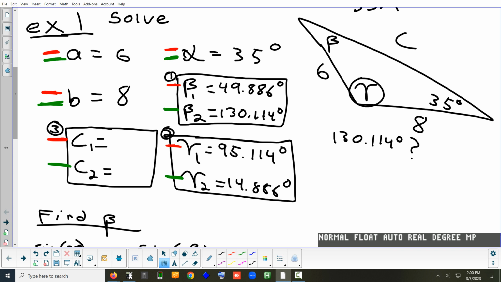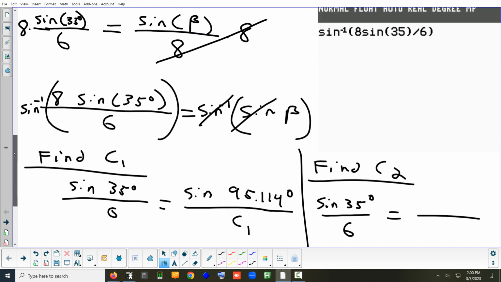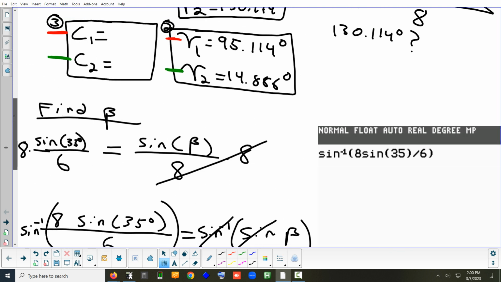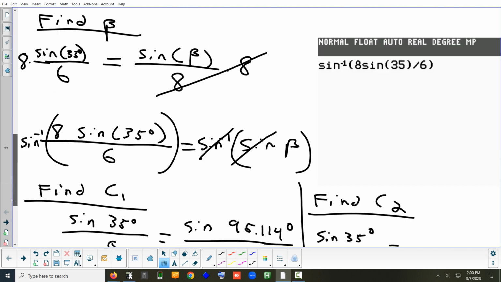So again, sine 35 over 6 equals, and Cameron, if I want to find C2, what's going to go on the other side? Sine 14.886, divided by?